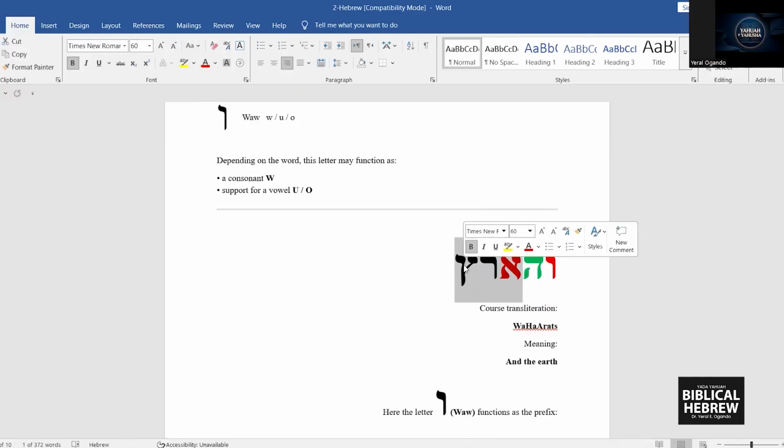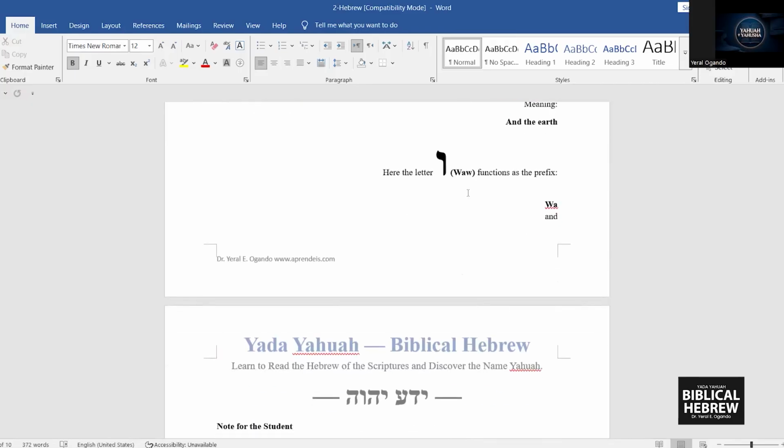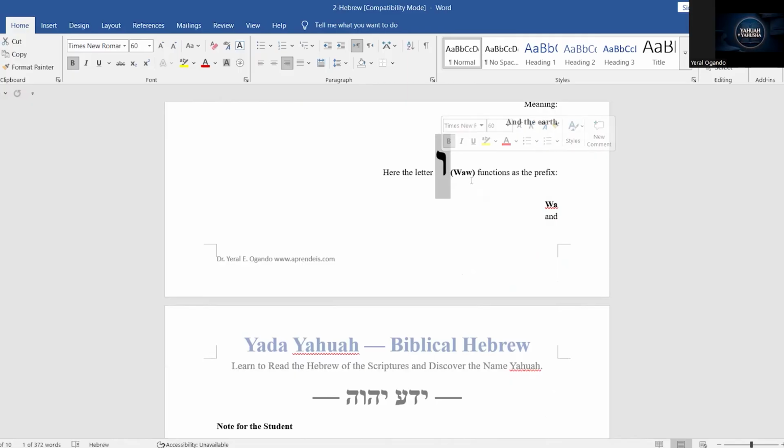Traditional academic Hebrew is going to tell you that it is eretz, but remember, we're using Yada Yahuah. So this is why it is wa ha'arat, and the earth. It is good to remember that right now the Wow sound is functioning as the prefix and.